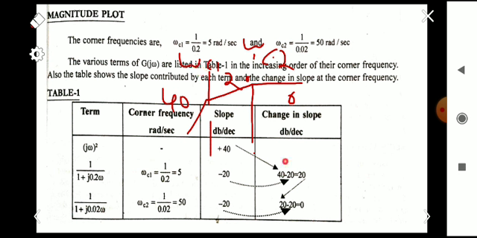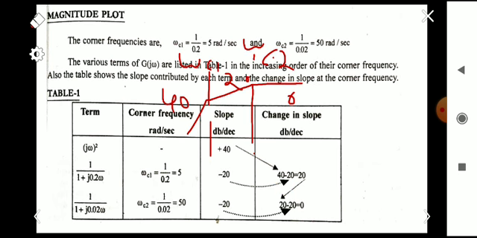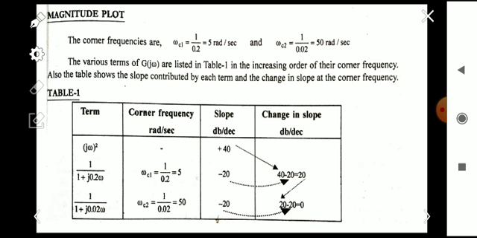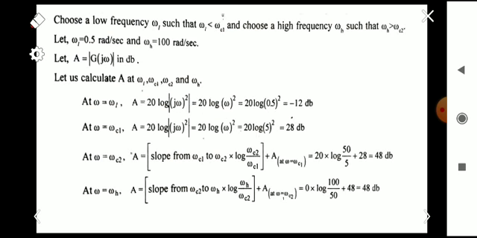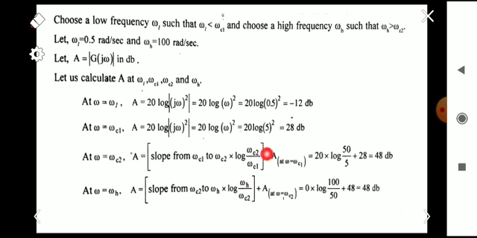So we write this 20 into log omega c2 by omega c1 plus gain at omega equal to omega c1, that is 28. So 20 log 50 by 5 plus 28, and we get the answer as 48 decibel.